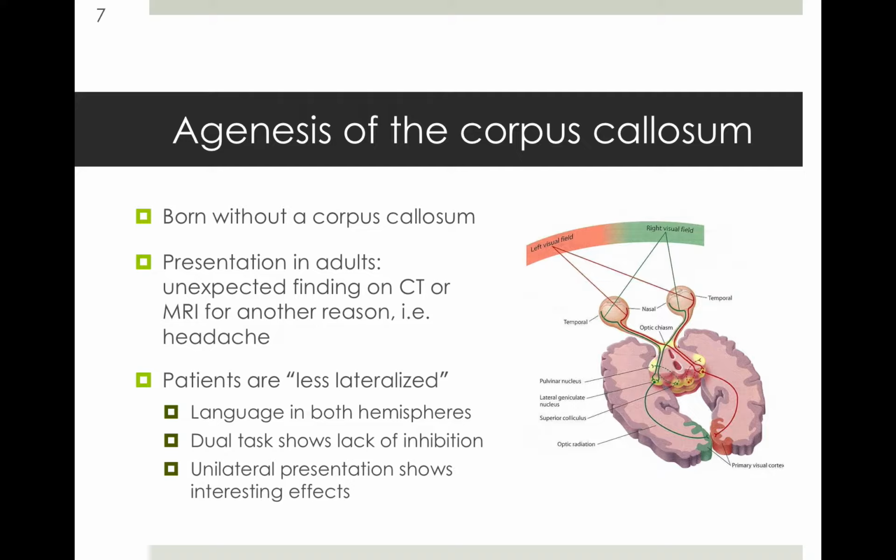However, when you show unilateral presentation, such as visual or auditory presentation, to people who have corpus callosotomy, that actually shows interesting effects. So that means that when you're presenting something only to the left visual field, which then goes to the right visual cortex, or only to the right visual field, which then goes to the left visual cortex, that results in some very interesting findings.